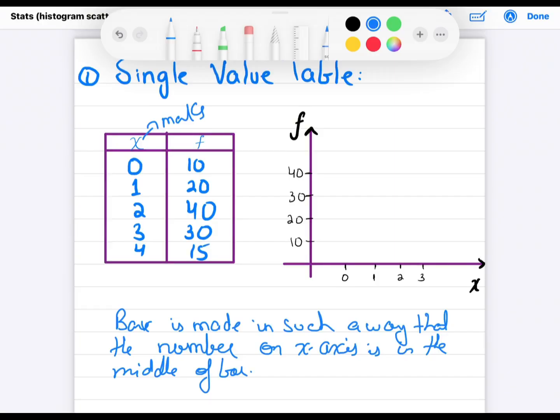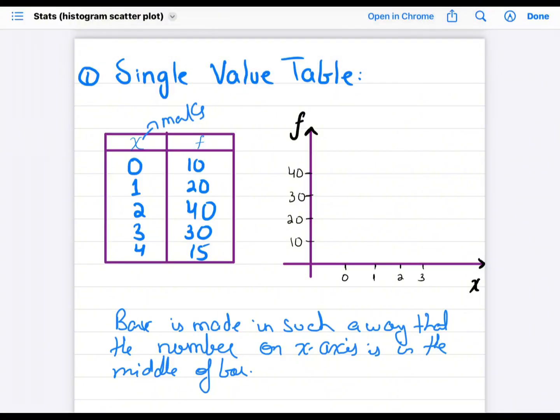You have to be very careful with that when we have a single value table. This is the first note that I've put here, and I will show you how we have to make a bar. Remember that the number on the x-axis must be in the middle of the bar. That's what is important when we have single value data.